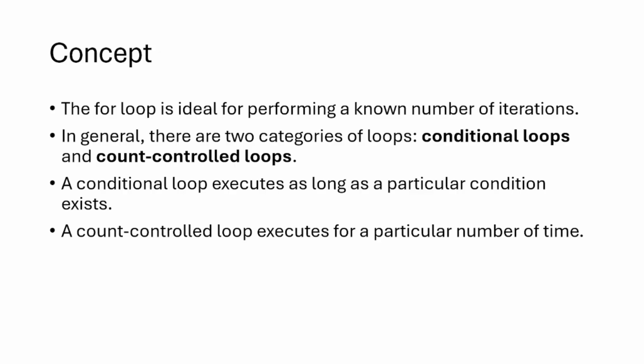The first point we are going to look at is that the for loop is ideal for performing a known number of iterations. With regards to the do while and while loops, these are usually used when you don't know the exact number of times you want your iteration to run.